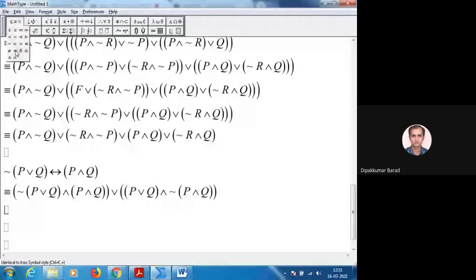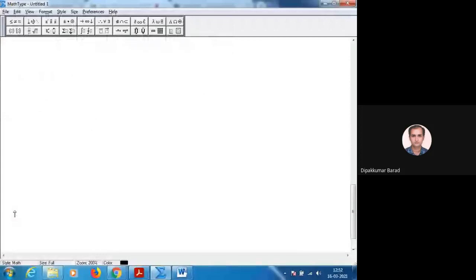Okay, so first we can apply De Morgan's law. So this not (P and Q), which you can write as not P or not Q. And here we want to find out the product of elementary sum.